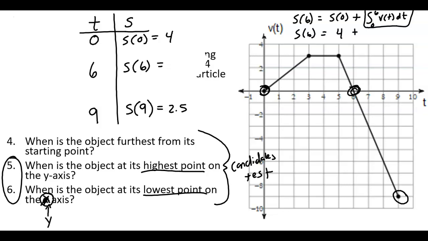What is the integral of v from 0 to 6? So that's 4.5, that's 6, and that was 1.5. So altogether, you're looking at 12. So initial position was 4. The displacement changes my position by adding 12 more to it, and therefore my position at 6 is 16.